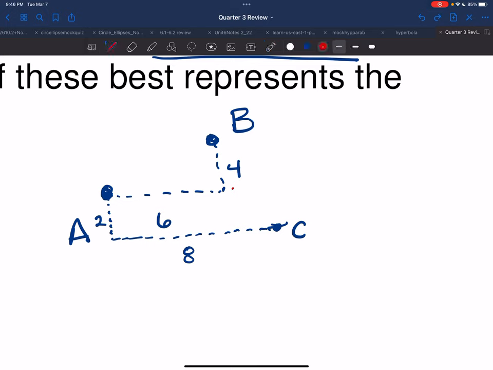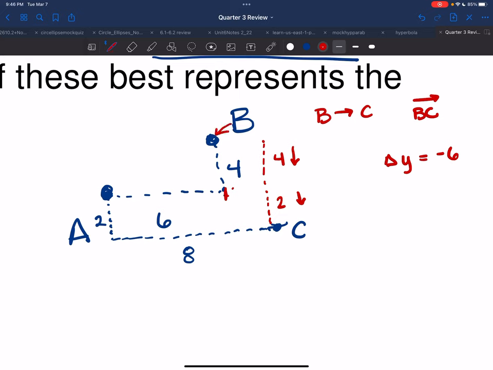Okay? So if I'm going from B to C, right? Because I want to know the vector value from B to C. I know I'm going down 4, and then I'm going down another 2. So my y value, my change in y, is going to be negative 6. And then if I look at my x value from the end of this 6, which is where B is, this is our B, over to C, that's just going to be a value of 2.